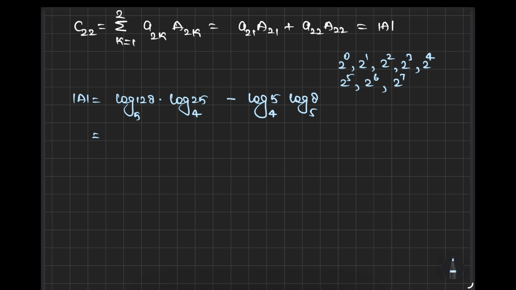So we can write log of 2 power 7 base 5 into log of 5 power 2 base 4. We know that log a base b can be written as log a by log b.